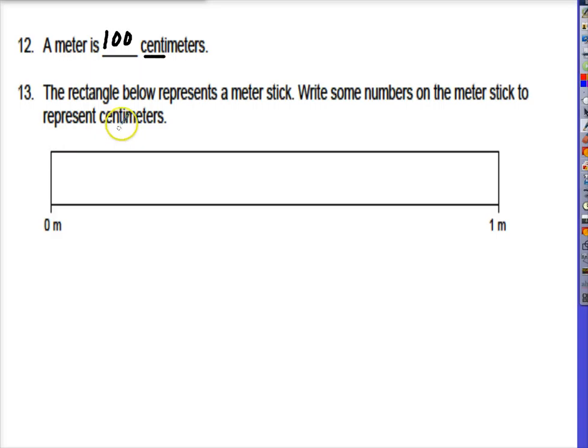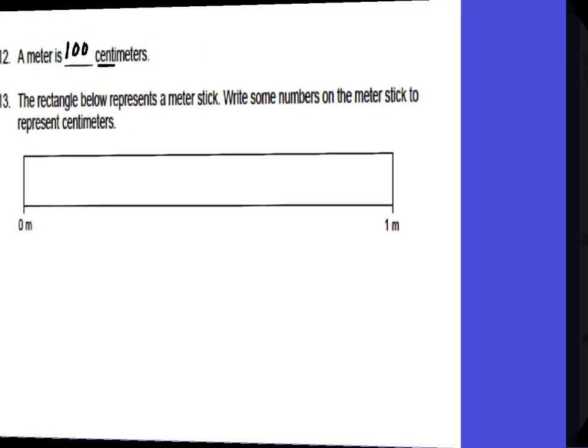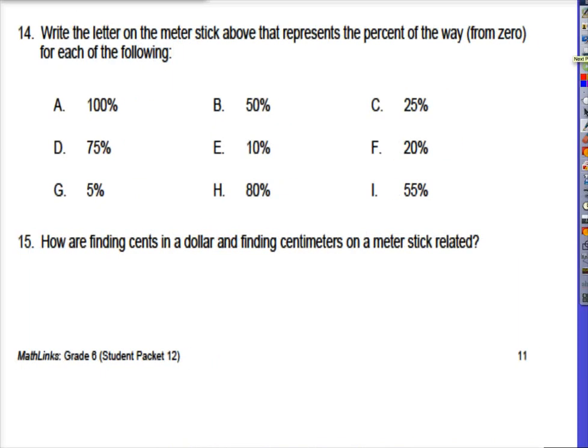Okay, now you're going to represent on a meter stick. I want you to draw this meter stick in your math notebook and make it the full length of the page from side to side, not from top to bottom. Because after you draw that, you're going to place these percents on your meter stick. Okay?